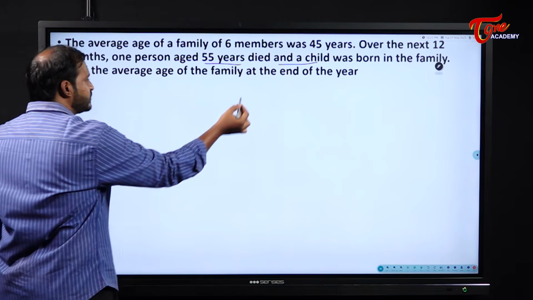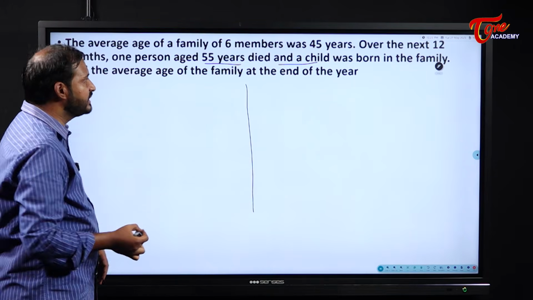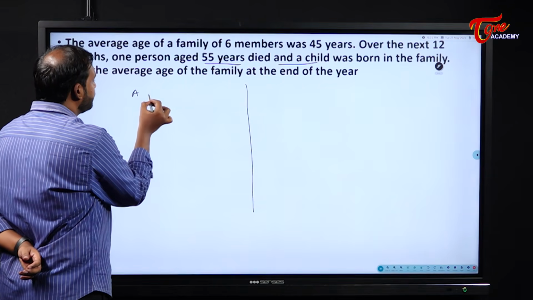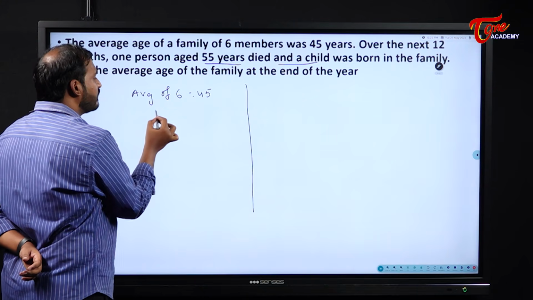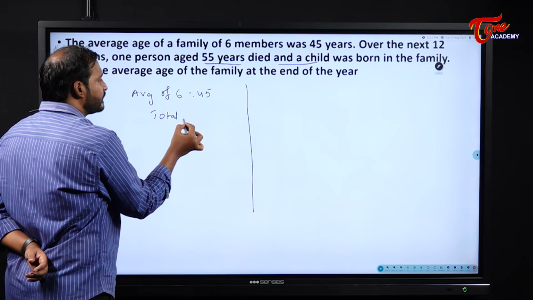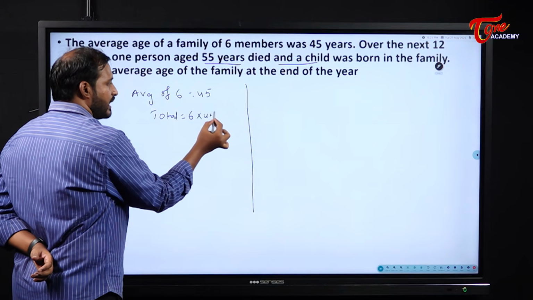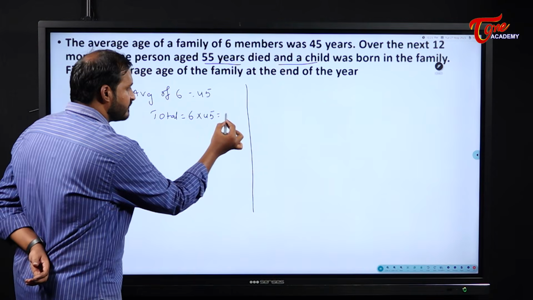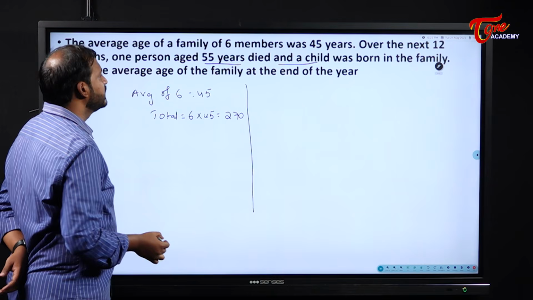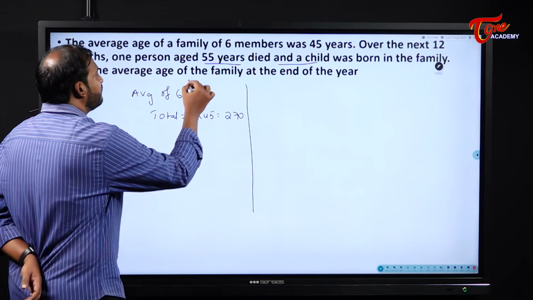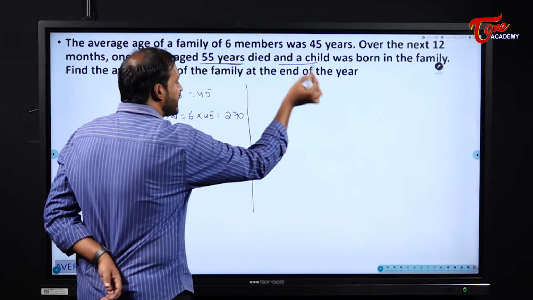Now generally, if we solve it in the general manner, what will happen here? Average of 6 members is 45. Then what will be the total? 6 into 45. Am I correct? So it becomes 270. 270 is the total. From this 270, what is happening? In the next 12 months, a 55-year-aged person died and a child was born.